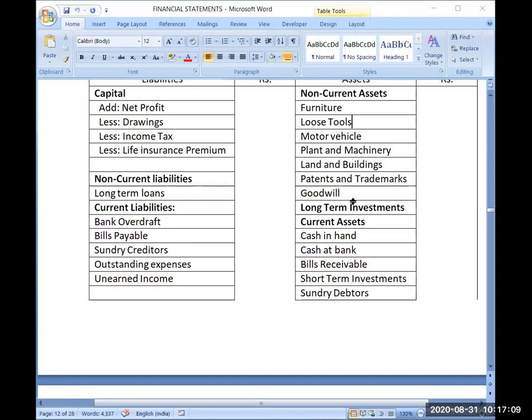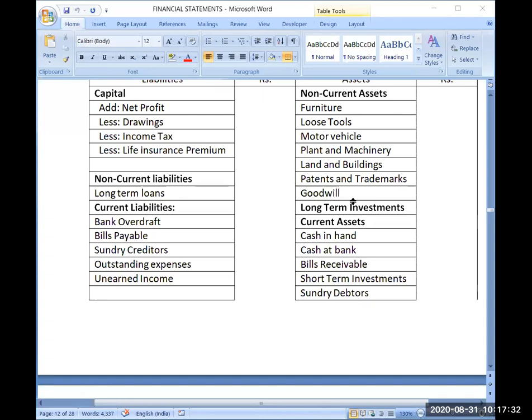Like I can purchase shares, I can purchase mutual funds, I can purchase some debentures of any company. So various securities are available in the market for the long run and short run. Long-term investment means the investment which you have made for more than 1 year.